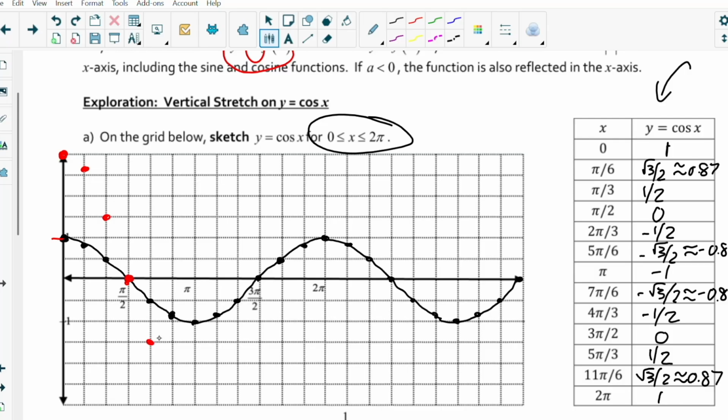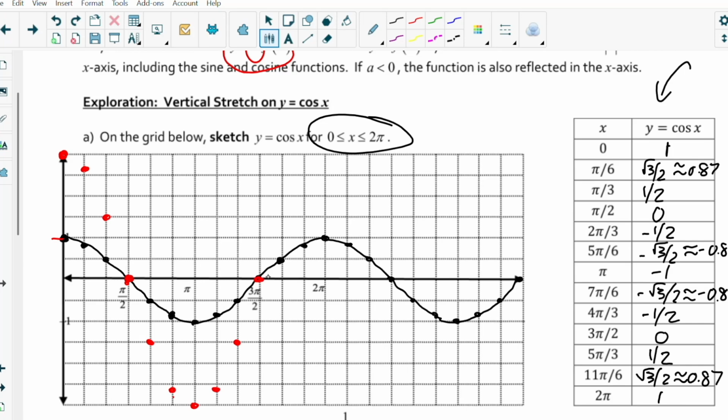And then so on. So we're going to have some symmetry here. So right about there. 1, 2, 3, 1, 2, 3. Okay, and then so on, right?